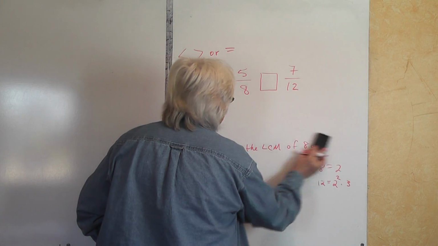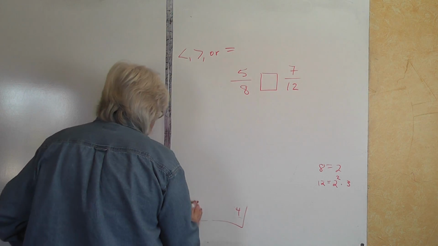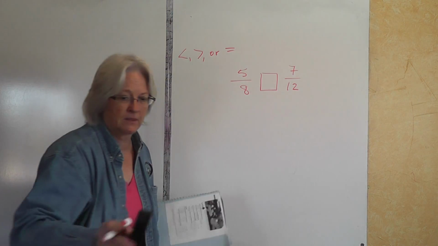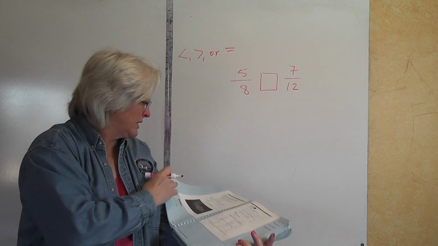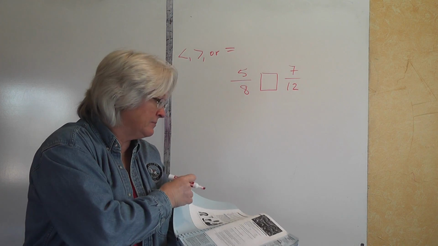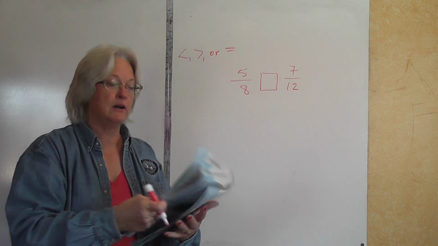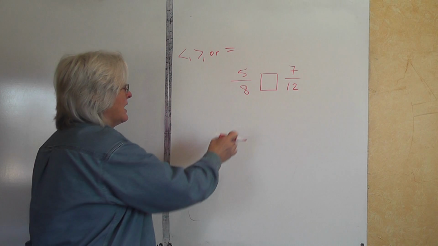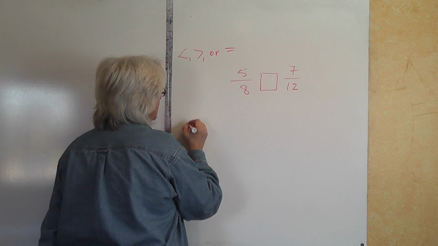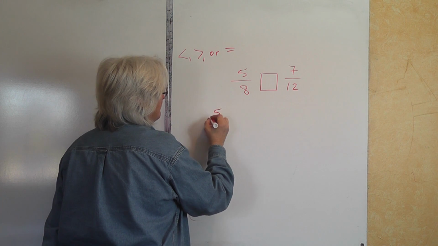Now, back to section 6.3, which I believe was page 185, maybe? 185, except we're on page 186. We have our common multiple of 24.